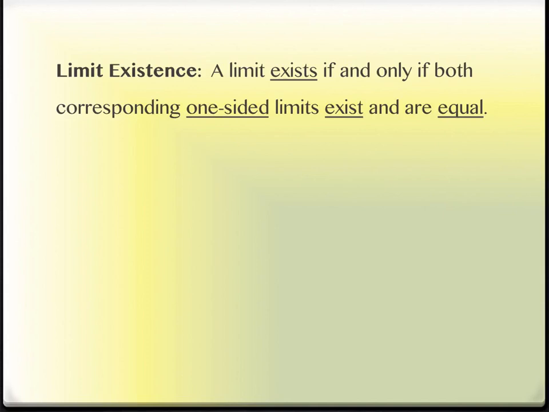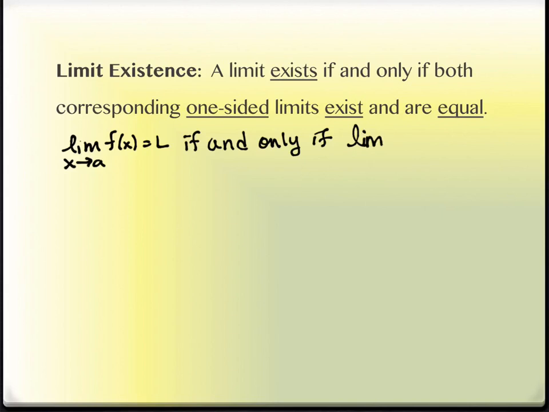So another way that you see this written sometimes, just so that you're aware in terms of notation, is that sometimes people will say the limit as x approaches a of f of x is equal to L if and only if the limit as x approaches a from the left side of the function equals the limit as x approaches a from the right side of the function.